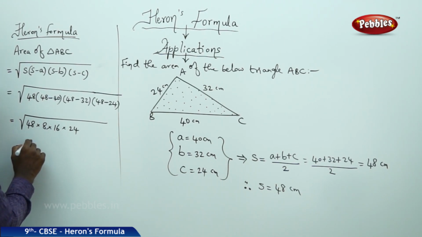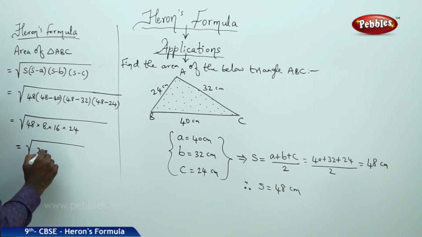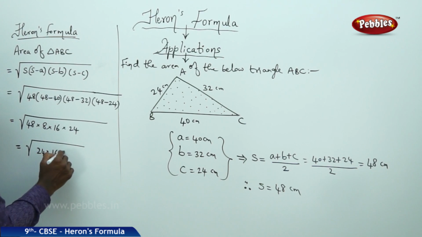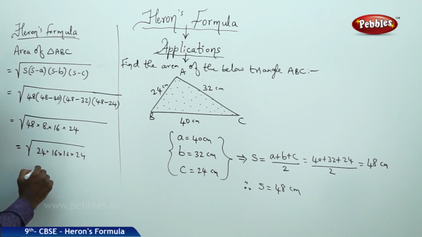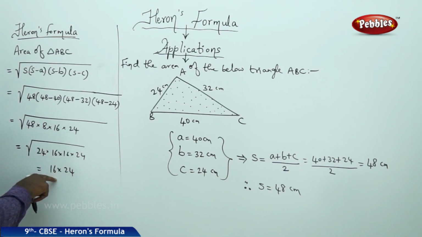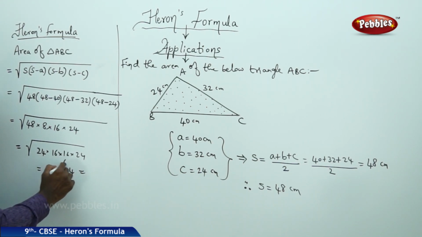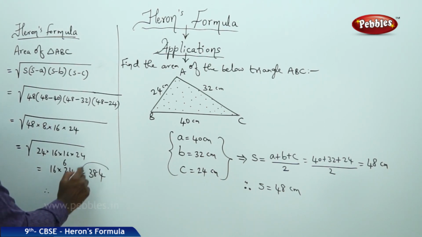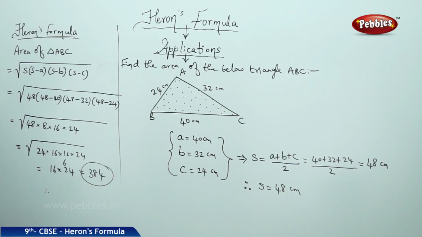So this on further multiplication gives 24, 16, 16, 24, which on multiplication gives 16 times 24, because root of this multiplies once to give this. So 16 times 24 is 384. Therefore, I get my area, which is 384 centimeters squared.